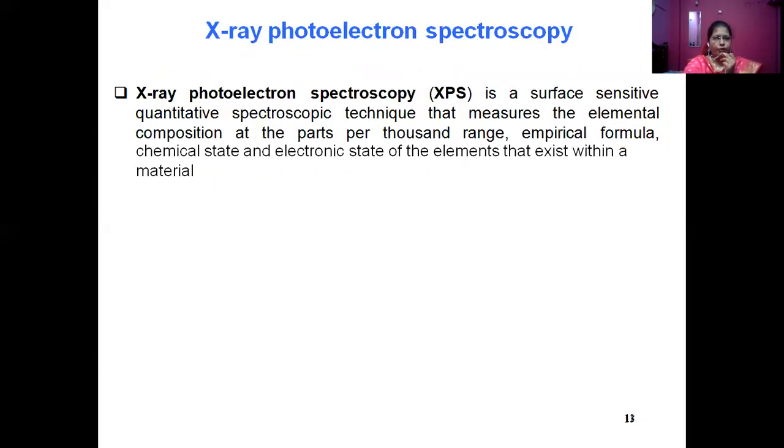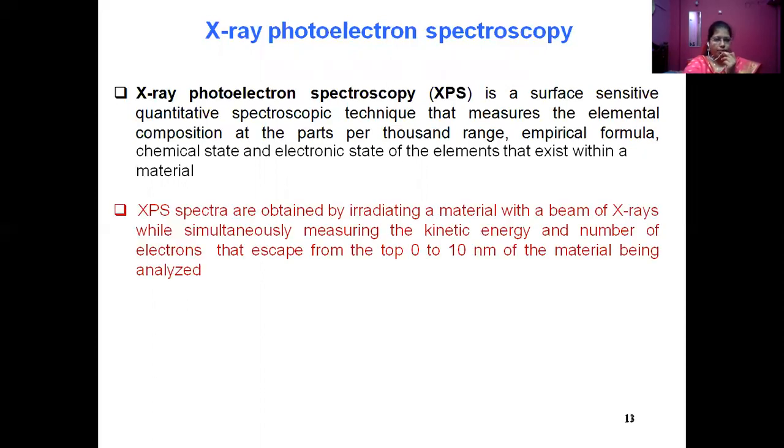So X-ray photoelectron spectroscopy is a surface sensitive technique, and it is also a quantitative spectroscopic technique that measures the elemental composition in the parts per thousand range, and can also measure the empirical formula, chemical state, and electronic state of the elements that exist within a material.